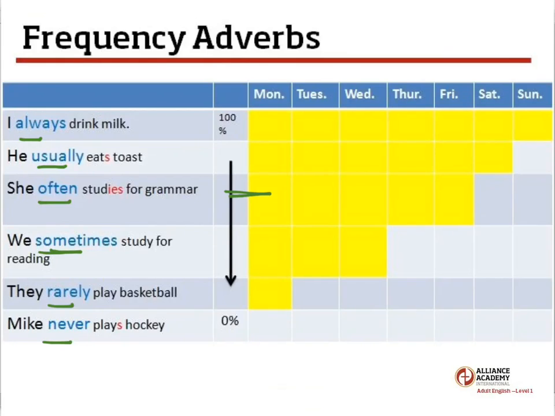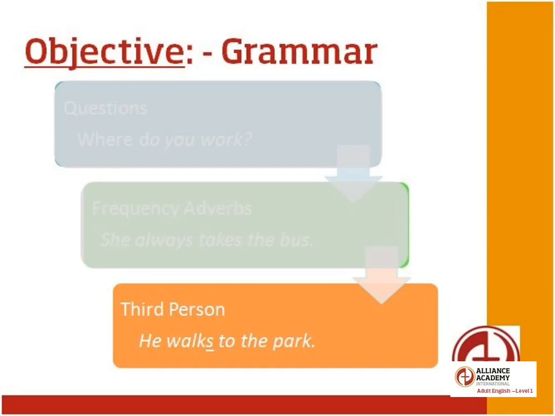Mike never plays hockey. So if we look at the graph, always happens a lot, never happens. And then obviously we have some frequency adverbs that describe what happens in the middle. So that's frequency adverbs. We put them before action verbs, after the to be verb.